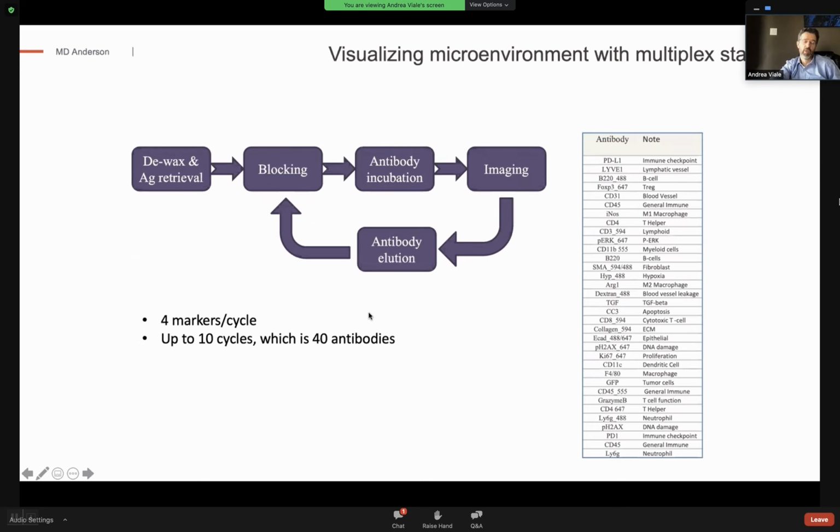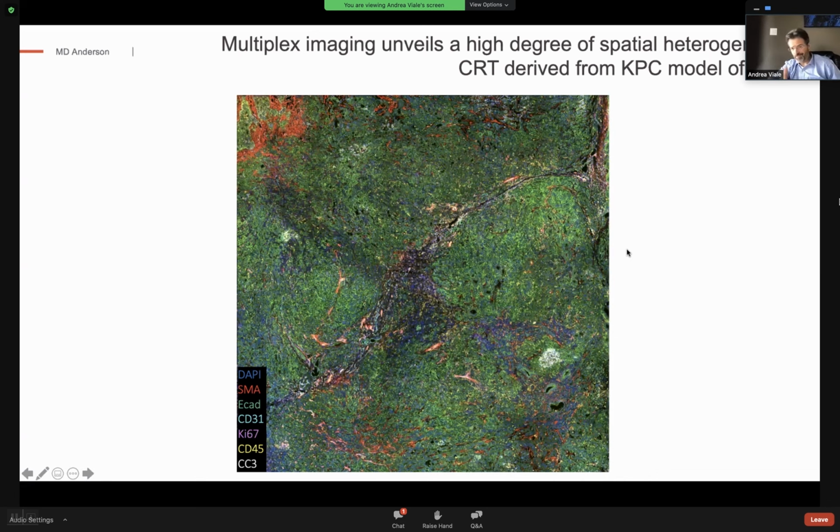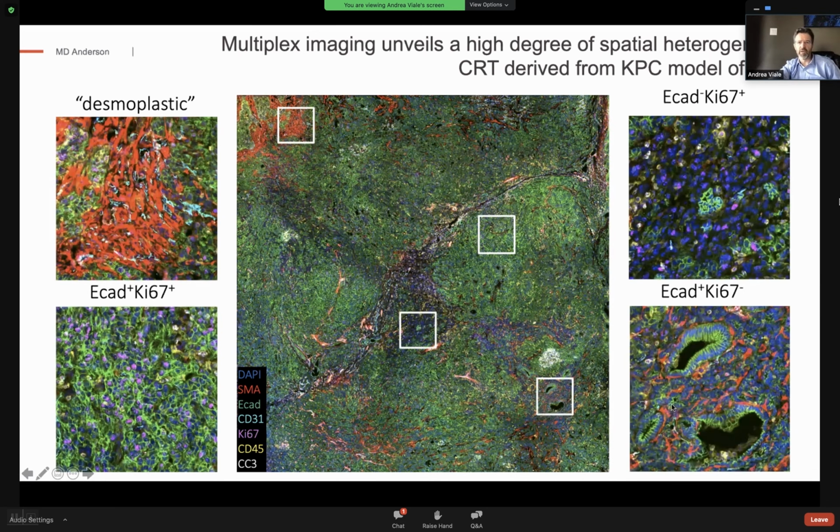And so Nick used multiplex staining, trying really to identify the microenvironmental features of these specific regions, okay? And using this approach, he was able to demonstrate that we have a very high degree of spatial heterogeneity in the CRT that you can see here.